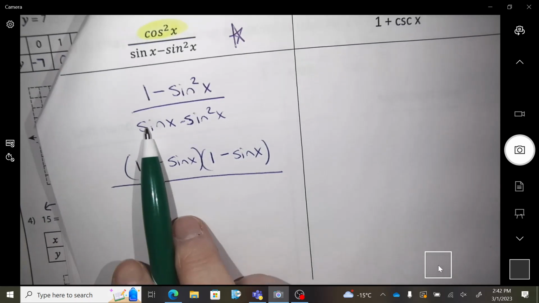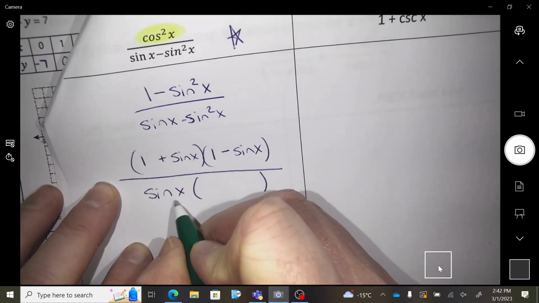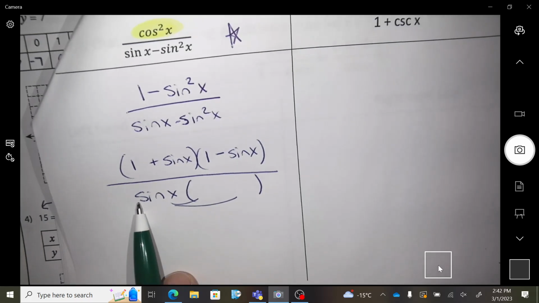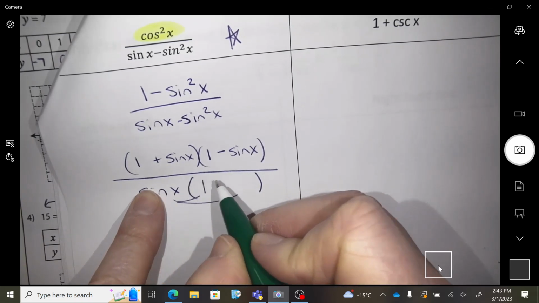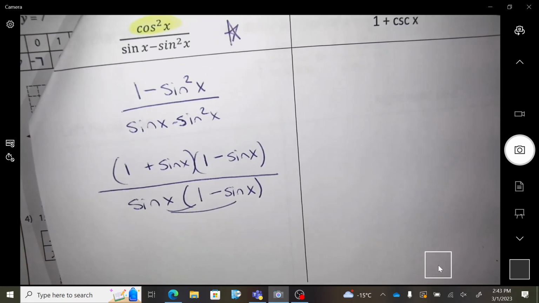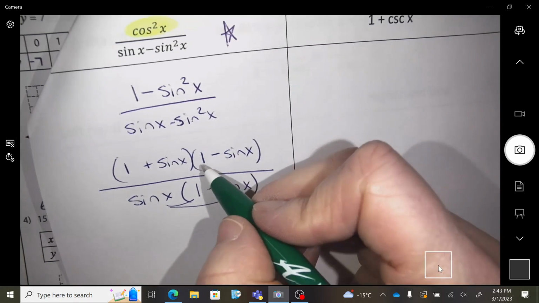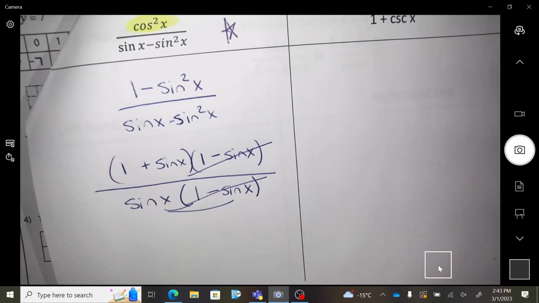GCF. So out of this term and this term, I could take a sine x out, leaving me with sine x times 1, sine x times... that was my factors, good. Now I can cancel that because it's this bracket times this bracket, right?